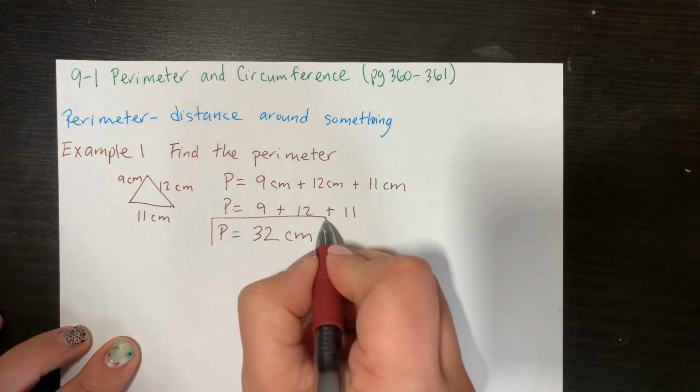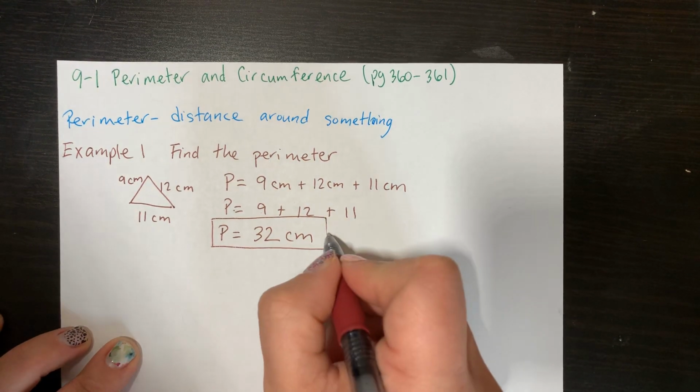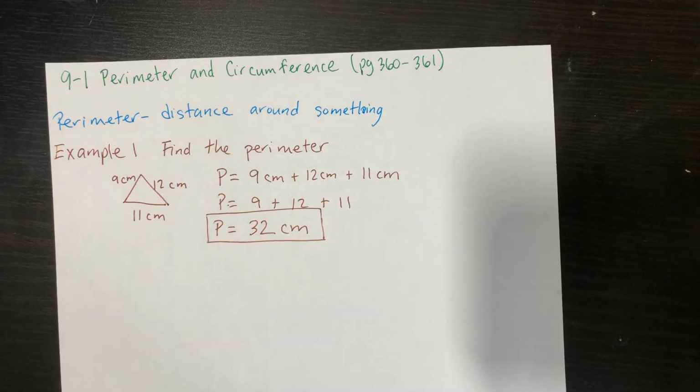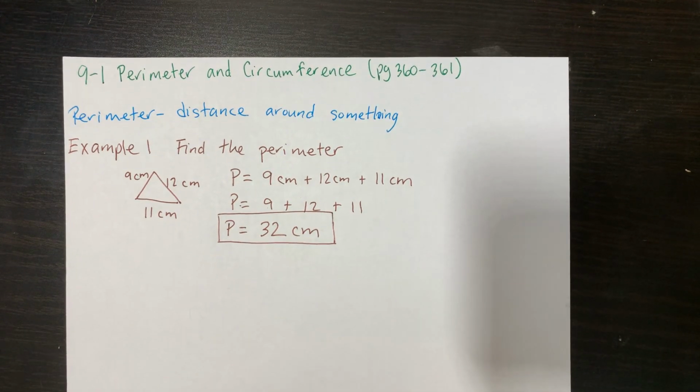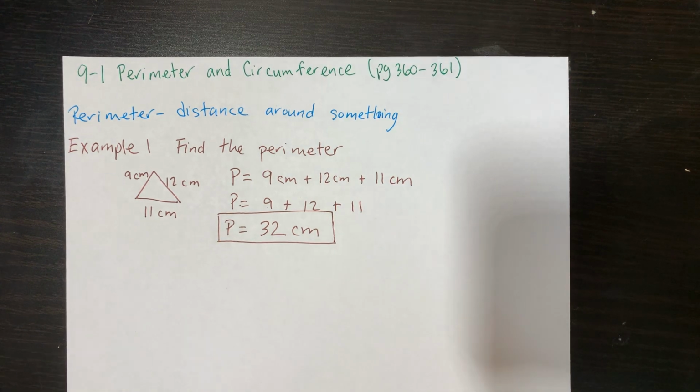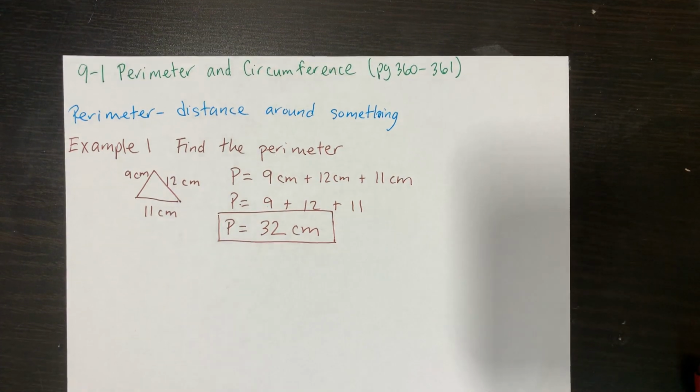So our perimeter of this shape is 32 centimeters. Okay. For perimeter, as long as a shape has straight sides, all you do is add up all of the sides, and that's your perimeter. Doesn't matter if it is a parallelogram, a trapezoid, a rectangle, a triangle, an octagon, right? You do the exact same steps as we did in example 1.